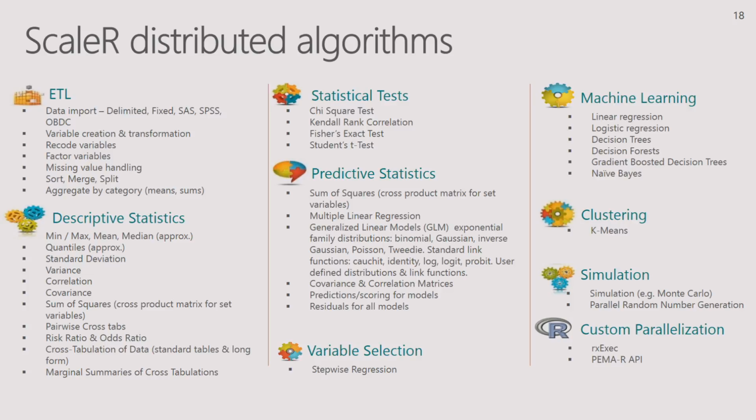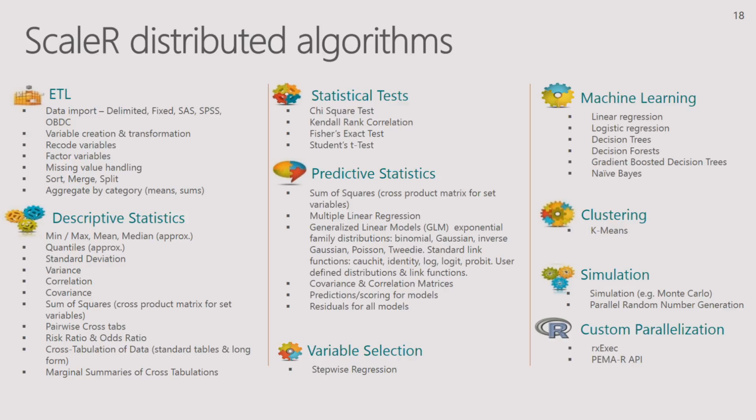So taken together, all the scalar functions give you that ability to perform on data at scale and do all of your activities from data wrangling, visualization, model creation, and so on. And if there are functions that are not available in the scalar package that you would like to use from open source R, you're still able to parallelize them using this RX exec component of the scalar, where you can parallelize your open source R functions.